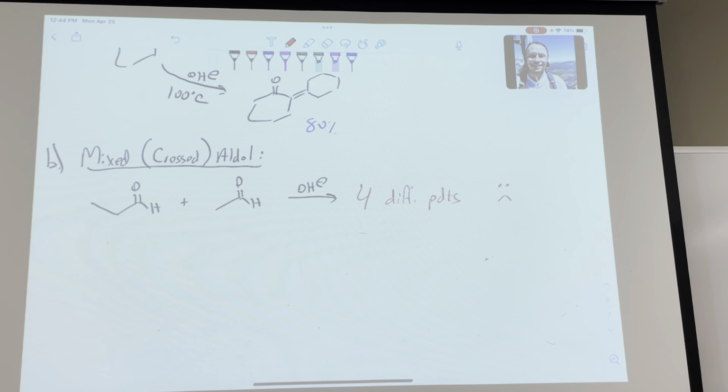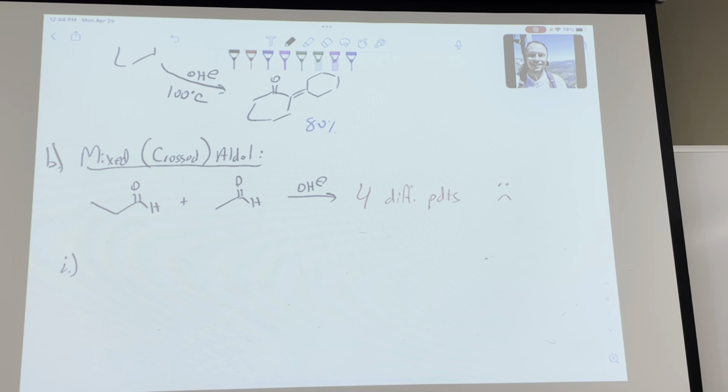So, we have 2 choices. You can either use reactants where only one can enolize.